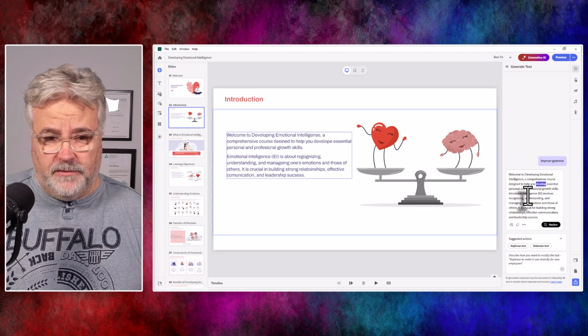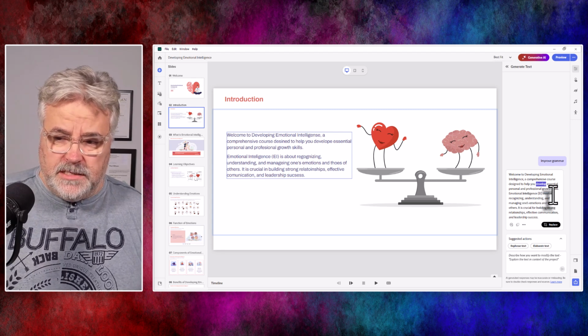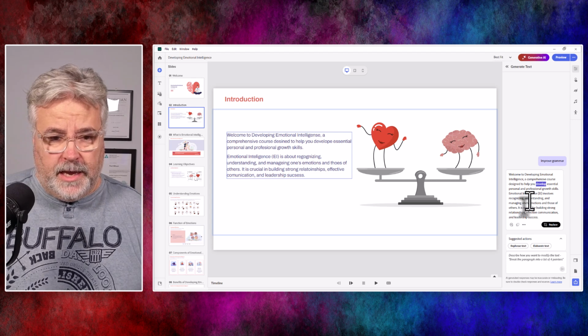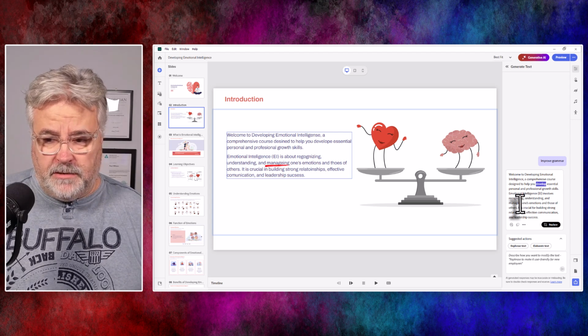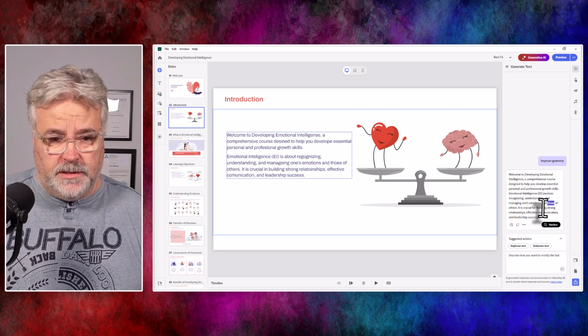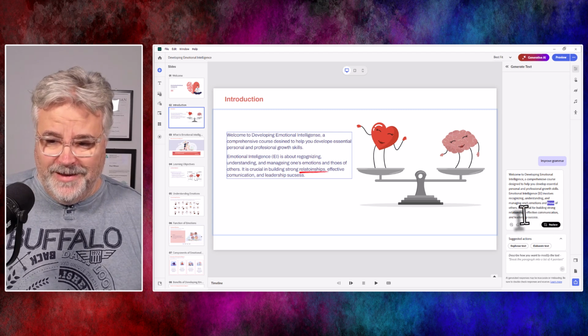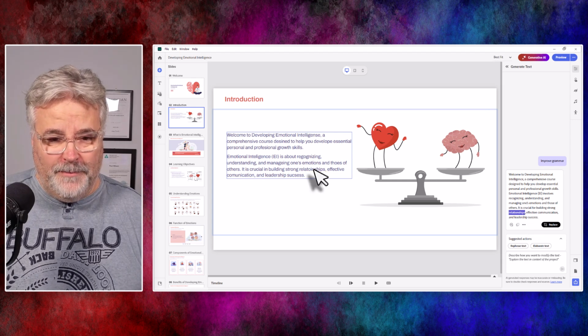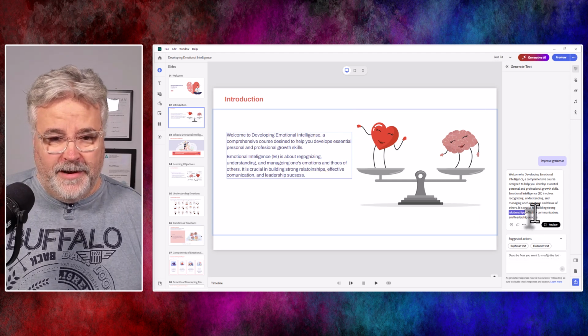Emotional intelligence, and it kind of did some grammar work here, involves recognizing, understanding, and managing. There's another spelling correction that was done there. One's emotions, and those also spelled correctly now, of others. It is crucial in building strong relationships. Again, another spelling correction there. I'm just comparing with what's on the screen here. Effective communication and leadership success.